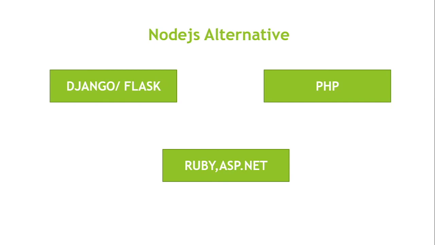For example, if you want to create a server in Django or Flask, you have to know Python. If you want to build with PHP, you need PHP knowledge, and the same goes for the others. Node.js uses only JavaScript, so we have the advantage that we already know JavaScript from the front end, and we can also use it in the back end.